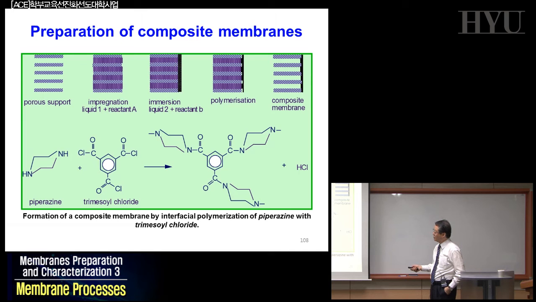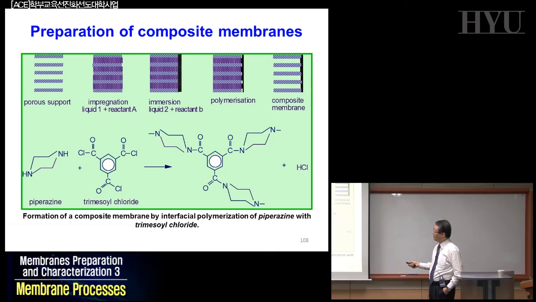The reason why they use this piperazine is that the carbonyl carbon and nitrogen, the C and N group, is the weakest point in terms of bond strength.